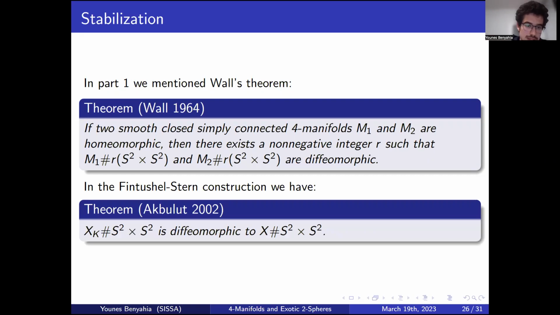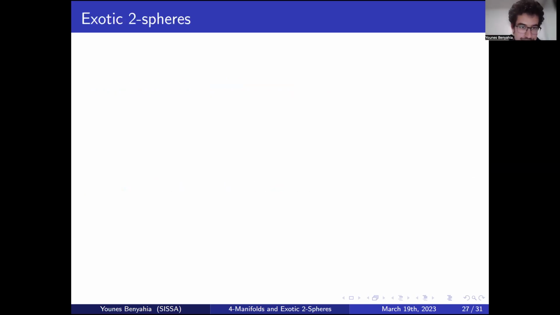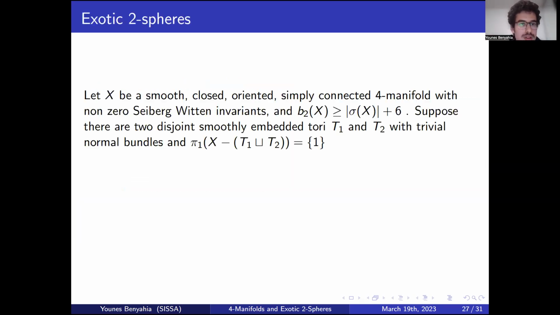In the particular case of the Fintushel-Stern construction, Akbulut in 2002 proved that XK connected sum S2 times S2 is diffeomorphic to X connected sum S2 times S2. So R equal to 1 is enough in this case, which is due to Akbulut.